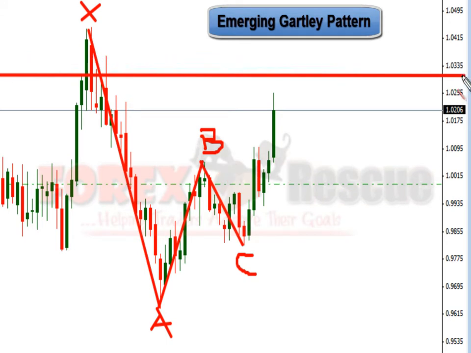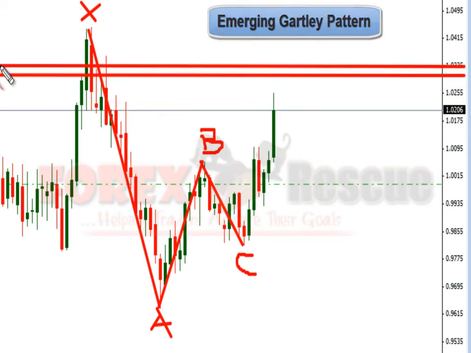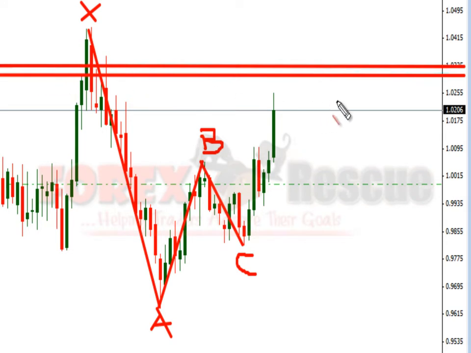Sorry, 1.0317 is around here. Just around here. So this area is what we call our potential reversal. This area colored in yellow. So as it stands now, price is gradually approaching our potential reversal zone.